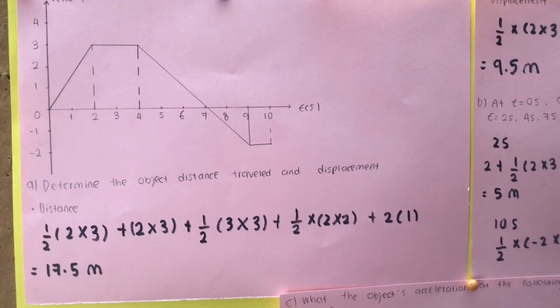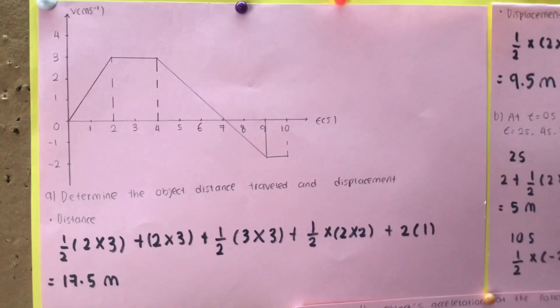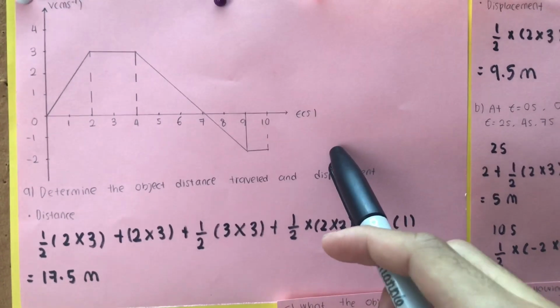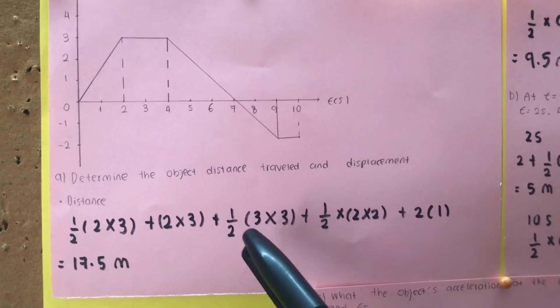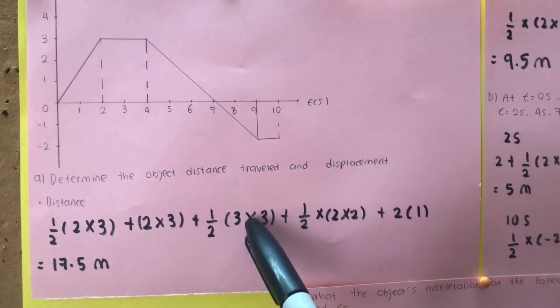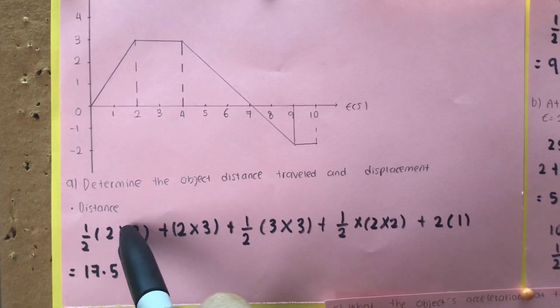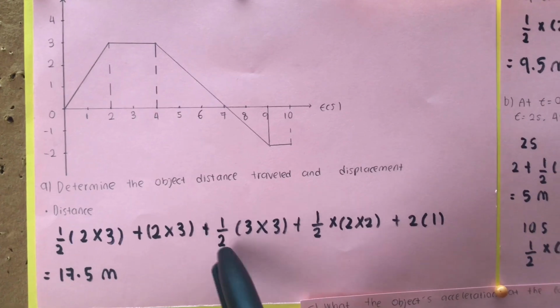Okay, this question is about a graph of velocity versus time. The first question is to determine the object's distance traveled and displacement. For the distance, we need to find the area under the graph.